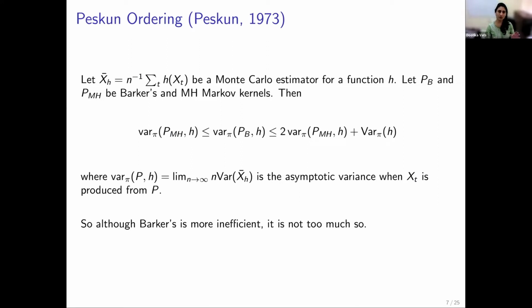So this says that although Barker's is statistically more inefficient, it is not too much so, because there is a reasonable upper bound available on that. All of that is to say that, of course, if given a choice, we should use MH. But if for some reason we can't use MH, then Barker's is a reasonable thing to do because it doesn't have some weird unbounded variance in terms of the final performance of the Markov chain.